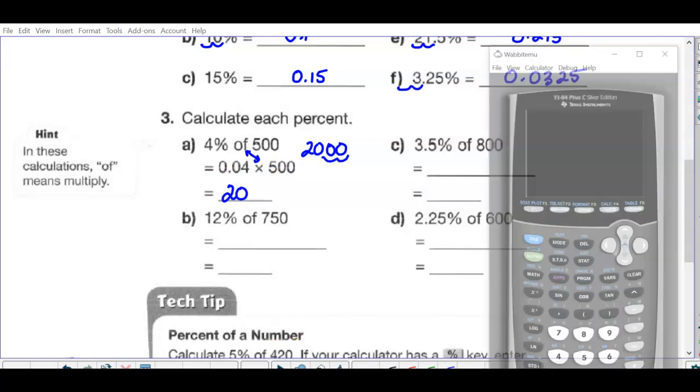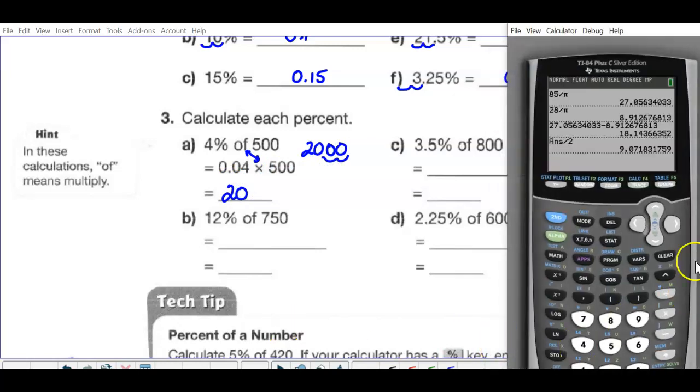But on your calculator, some of you might have a scientific calculator with a percent symbol, which you can use. Graphing calculators actually don't. So you just do that calculation in your head. Okay, 4%, you can either do it in your head as 0.04, or you can go 4 divided by 100, and then multiply by 500, all in one step.